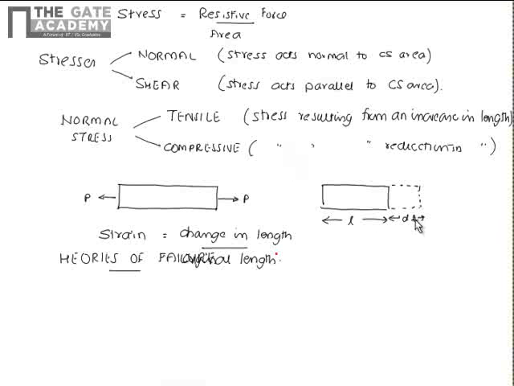Therefore, in this case, the change in length is dl and the original length is L. Therefore, what will be the strain? Strain will be the change in length dl by original length L. And as we saw in stress, here also, since the strain is normal, it's called a normal strain, and it's a tensile normal strain.